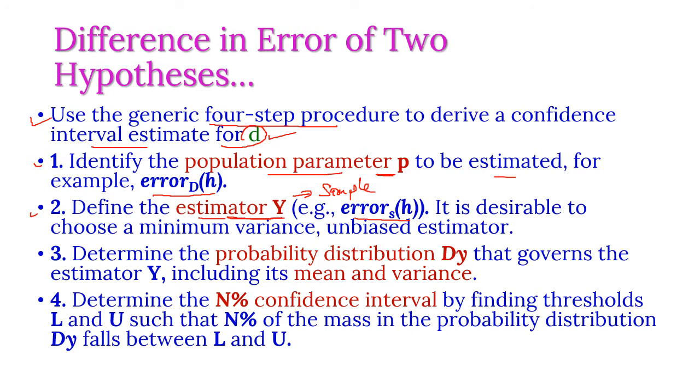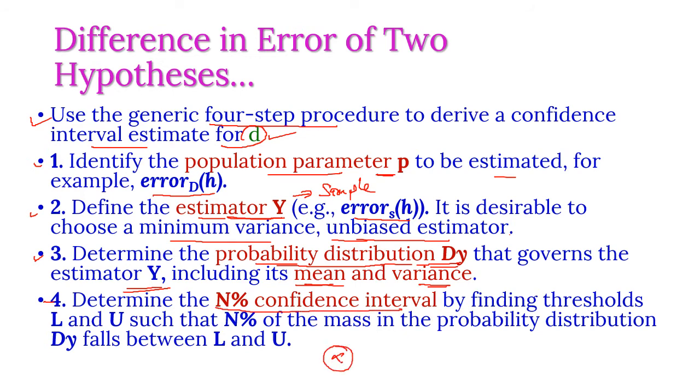It is desirable to choose the minimum variance unbiased estimator, that is, the variance between error S of h and error D of h should be minimum, and the result should not be biased from the original result, right? And the third one, determine the probability distribution D_Y that governs the estimator Y, which includes its mean and variance. And fourth one, determine the N% confidence interval.